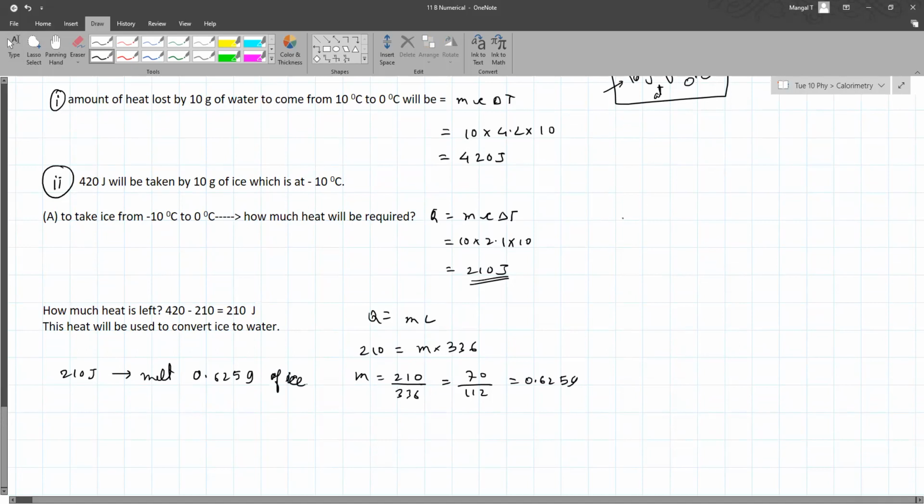Okay, so therefore, what is your answer? You have 10 gram of water at 0 degrees Celsius.